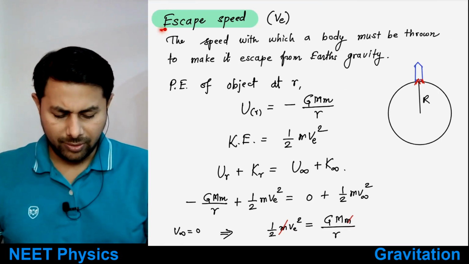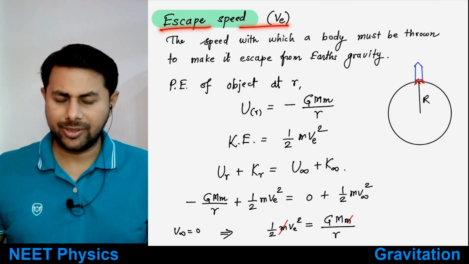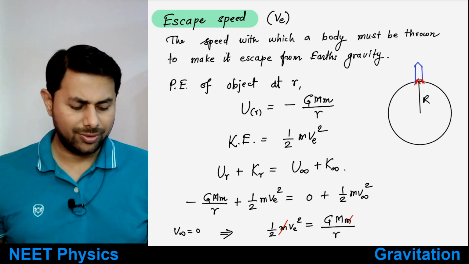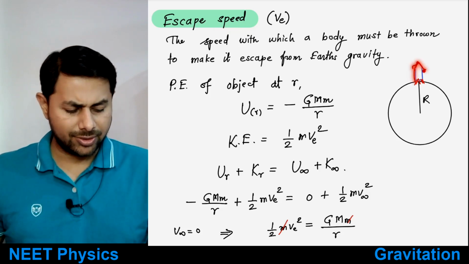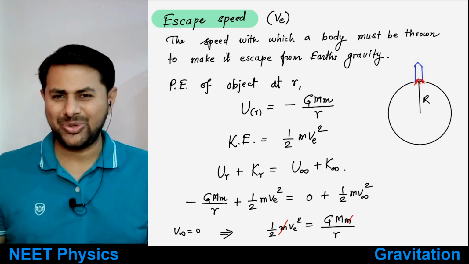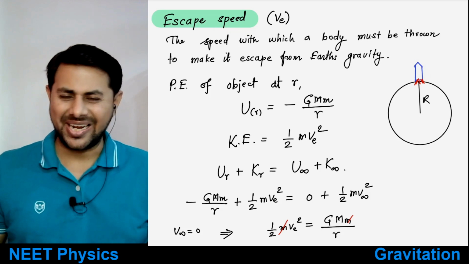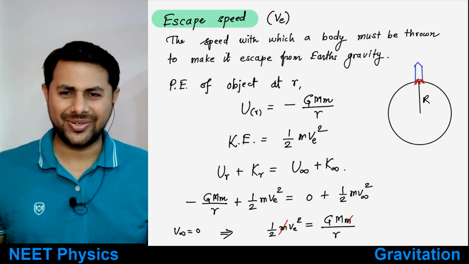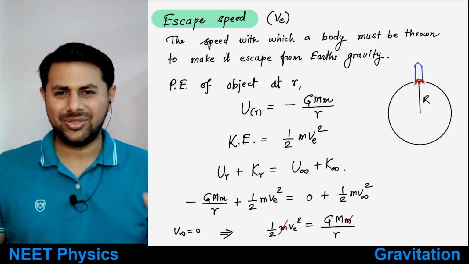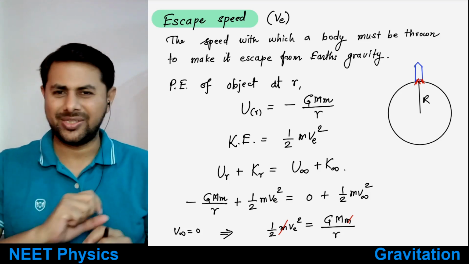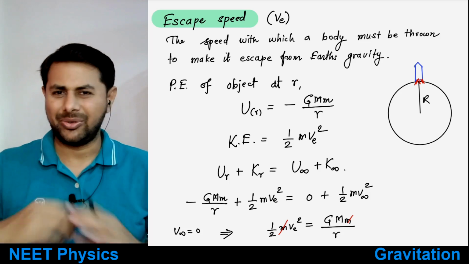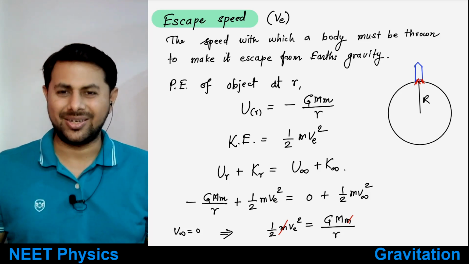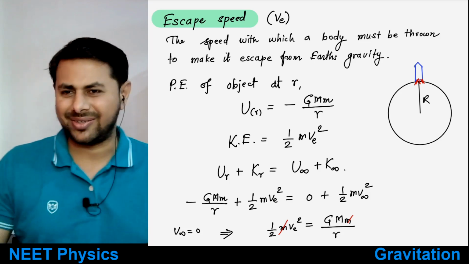Then now let's talk about the escape speed. Suppose you have this rocket, or suppose you have some friend or somebody which you don't like, and you want to send him or her out of the Earth's gravitational influence, so that he or she will never come back.